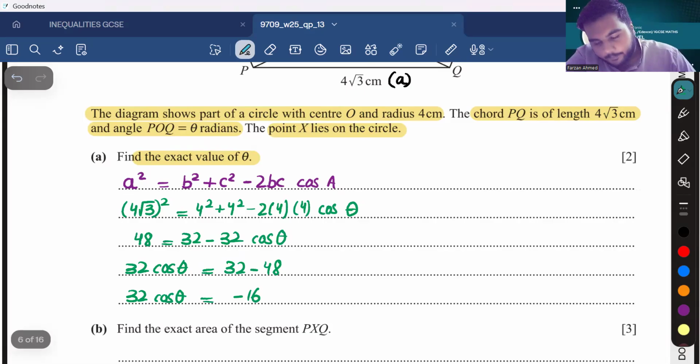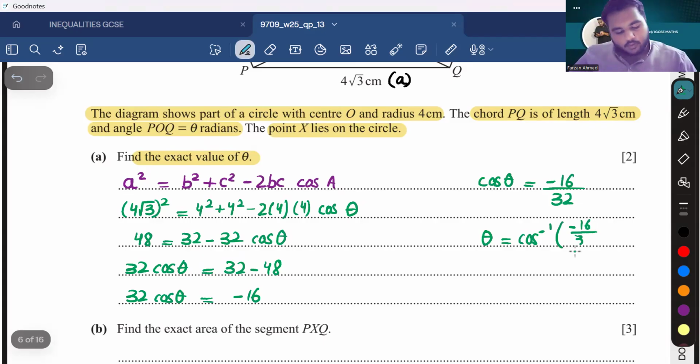So cos theta is equal to minus 16 divided by 32. So theta is equal to cos inverse of minus 16 over 32. When we do cos inverse, your calculator must be in radian mode because they have said in the question that theta is in radians.